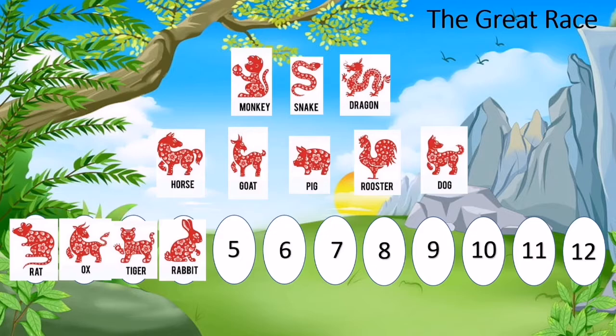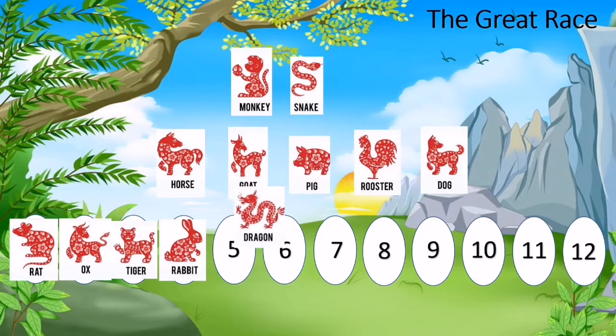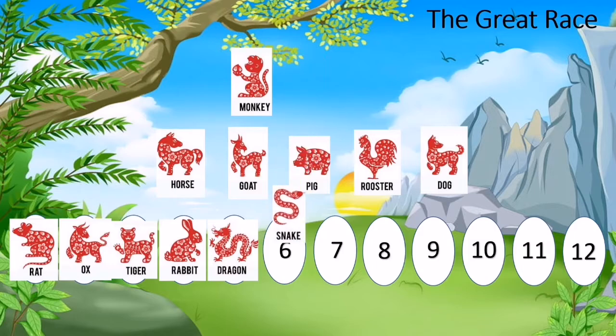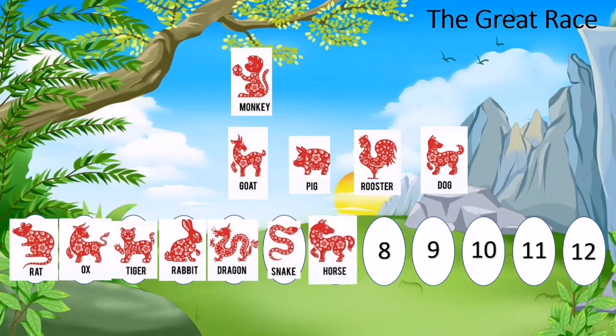The fifth animal who came was... Yes, it's the dragon. Who's next? Yes, it's the snake. The seventh animal was the horse. Then it was followed by the goat.